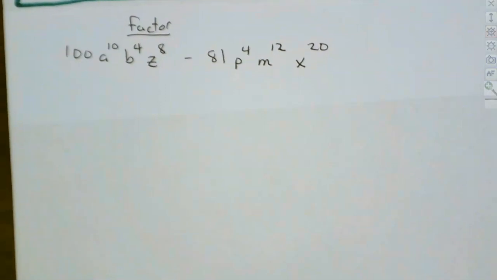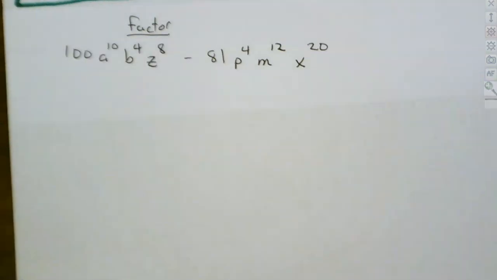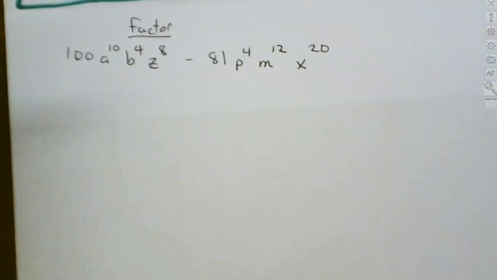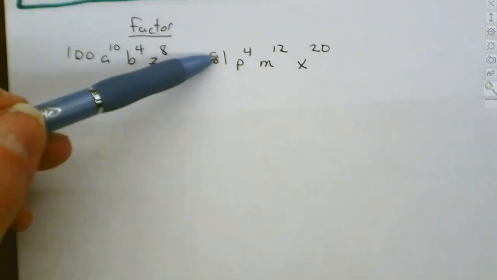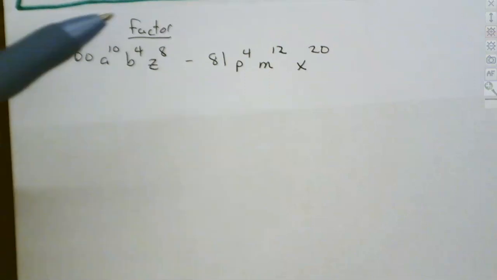Now, when we go to factor these, the first thing we need to look at is our numbers. 100 and an 81. Nothing's in common, but 100 is a perfect square of 10, and 81 is a perfect square of 9. So we're okay there. Now, when we talk about these variables, we look and we make sure that no variables are in common.